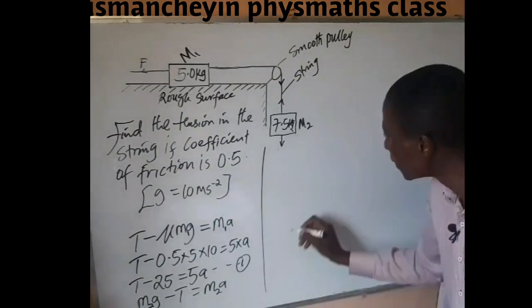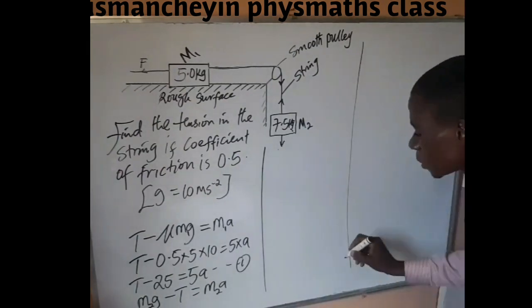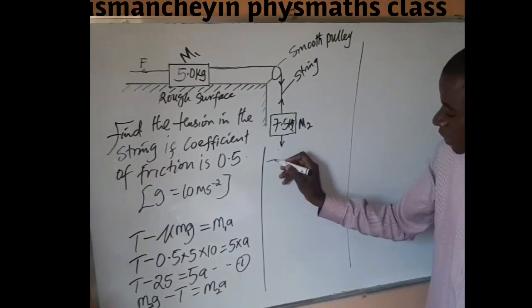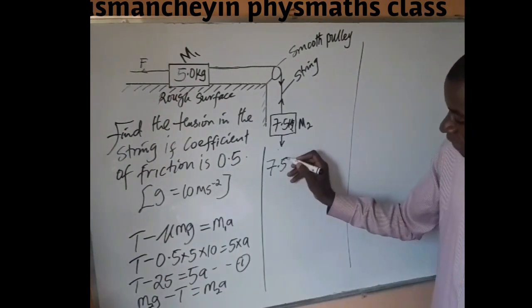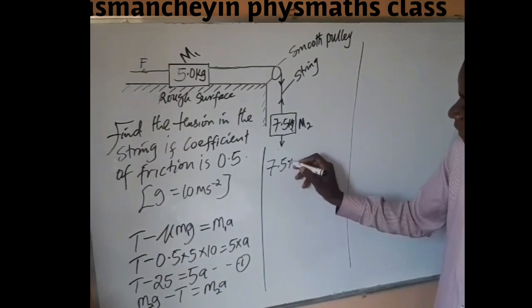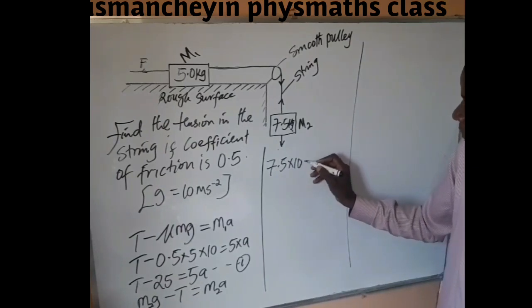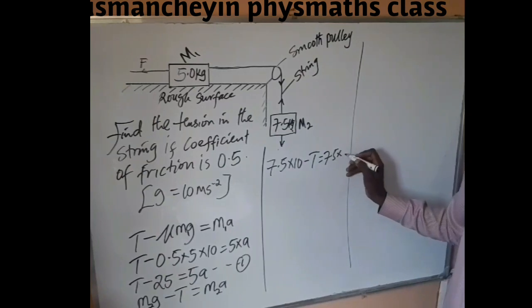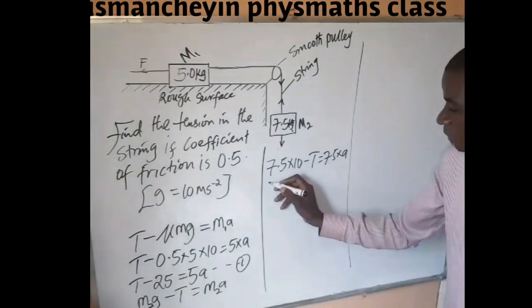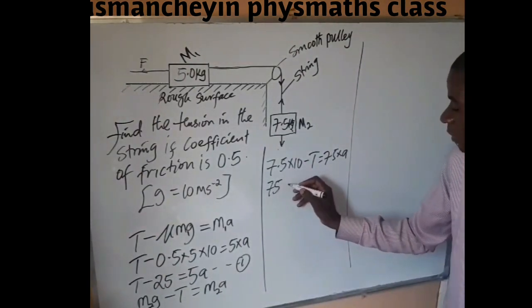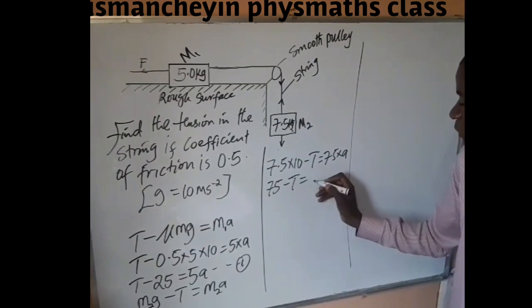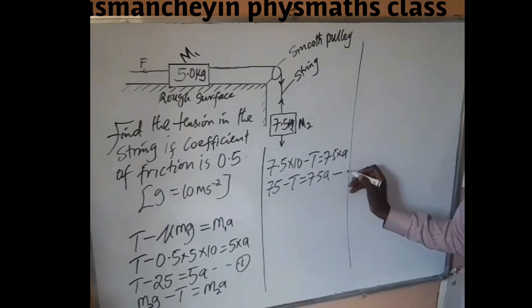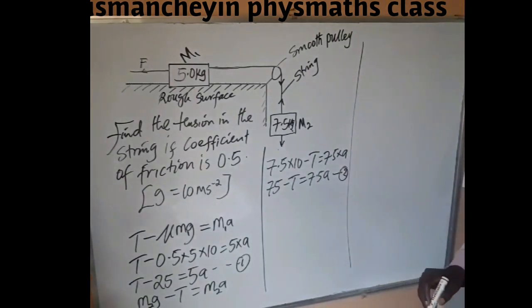So coming over here, M2 is 7.5, so we have 7.5 times g, which is 10, minus T equal to 7.5a. This is 75 minus T equal to 7.5a, and this will be our equation 2.